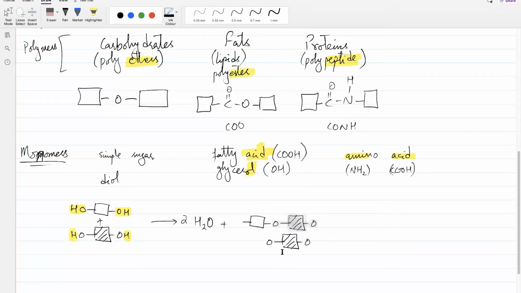And once you join them together, do you see that they have an ether linkage in them? This thing in there, that is ether linkage. And this whole part, whatever you have made right now, that is basically called a repeat unit.